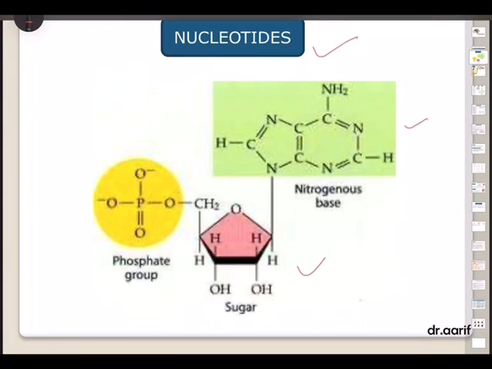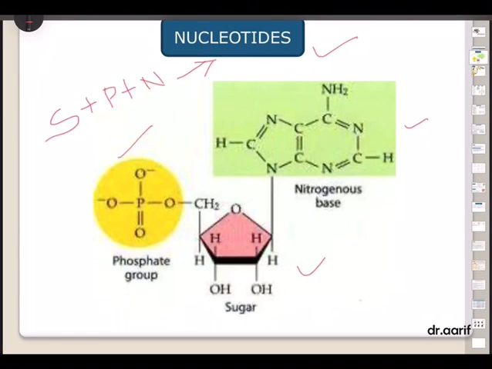And when this sugar and nitrogen base join with the phosphate group, as you are seeing here, look at this, that becomes a nucleotide. So you have a sugar here, a 5 carbon sugar. You have a nitrogen base, a double ring structure, a purine.